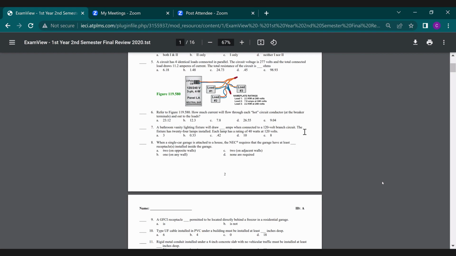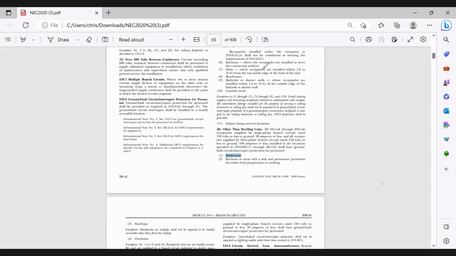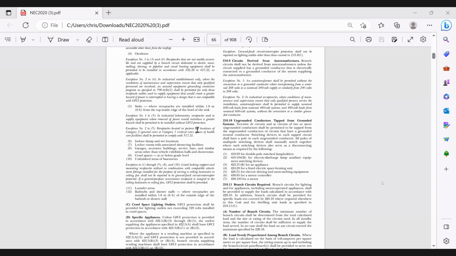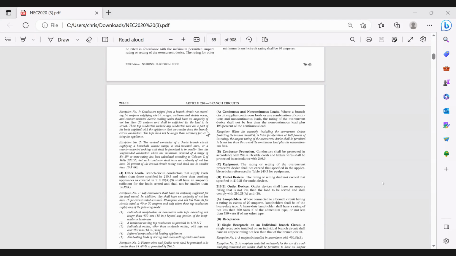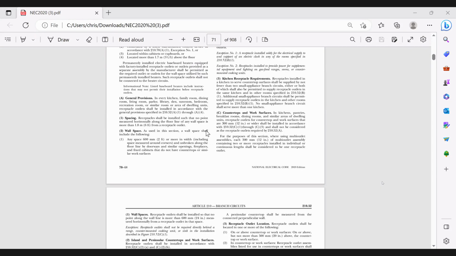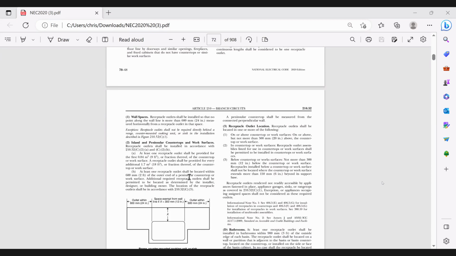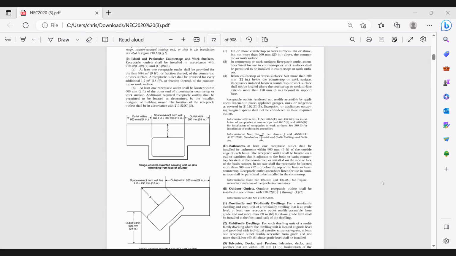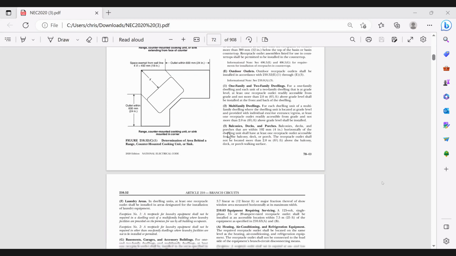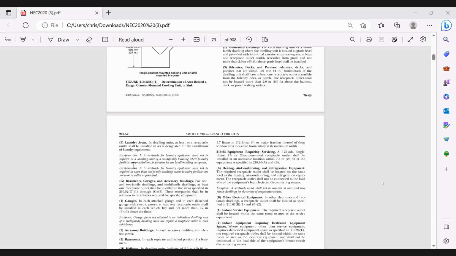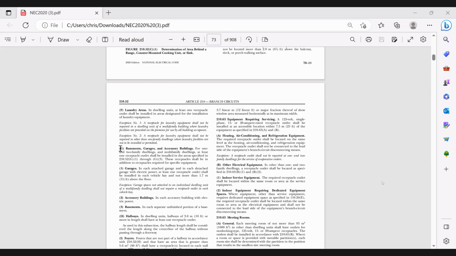If we think about where in the code we might find this, we might come up with 210.52. 210.52 gives us our required receptacles in a dwelling. Let me pop down there. Okay, so 210.52, and let's look through and see if they require anything in the garage. If we come over here to part G1, so G is basement, garages, and accessory buildings.